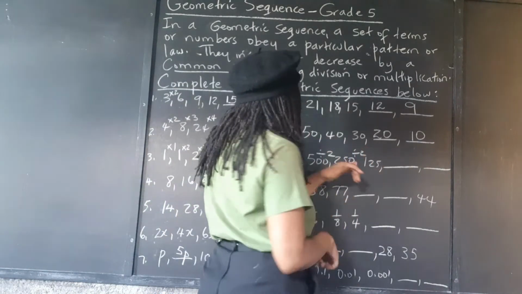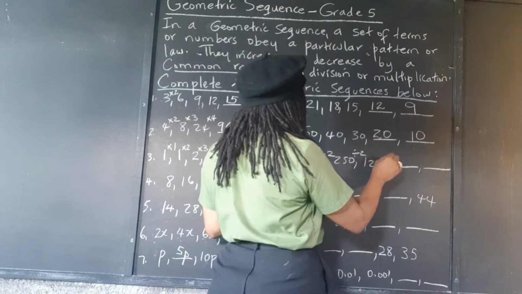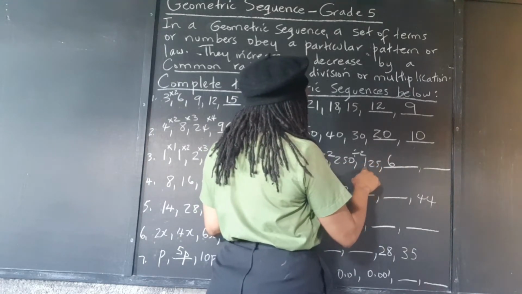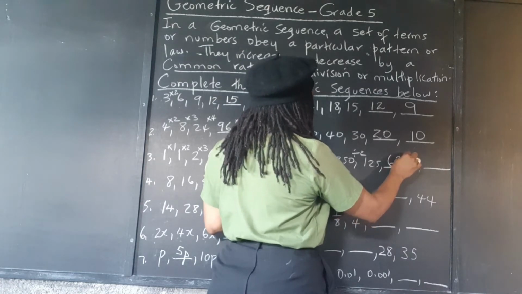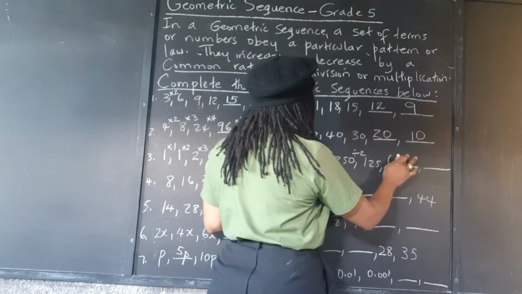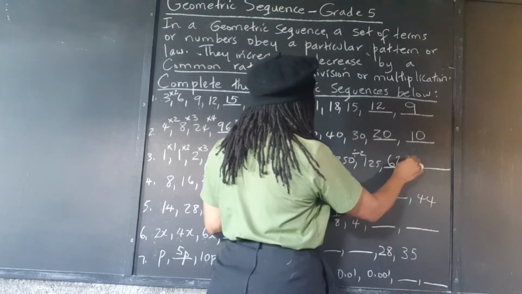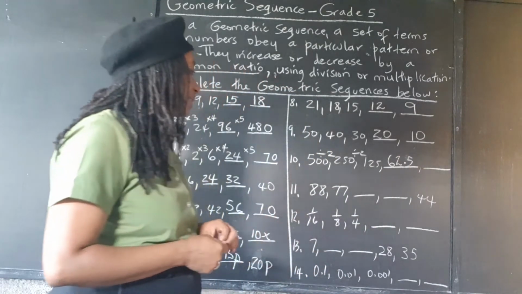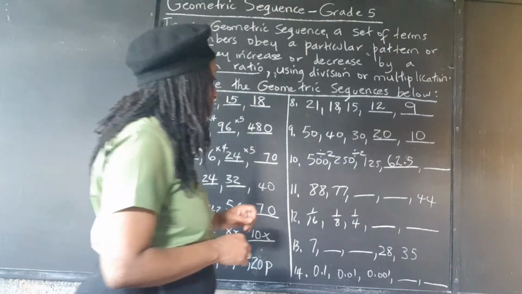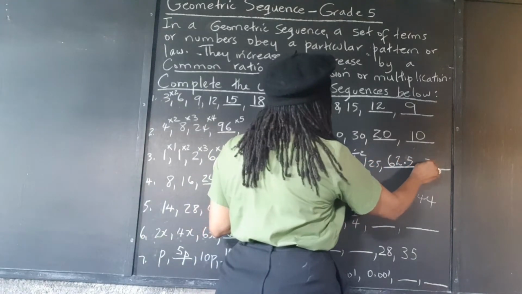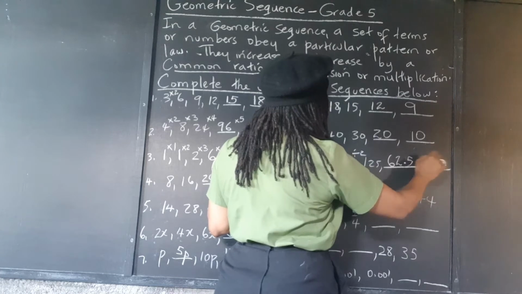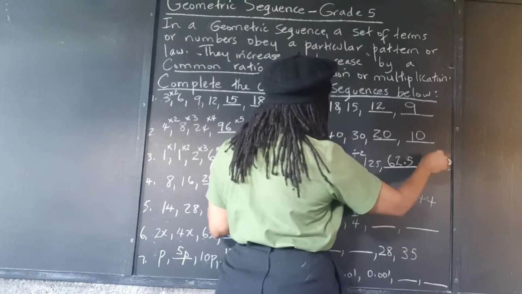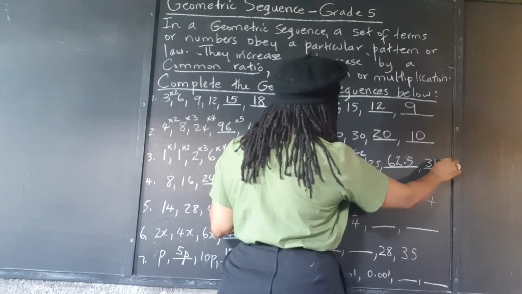So we need to divide 125 by 2. 2 into 12 is 6. 2 into 5 is 2, remainder 1. So we can write that as 0.5. 62.5 divided by 2: 2 into 6 is 3, 2 into 2 is 1, 2 into 5 is 2, and 2 into 10 is 5.